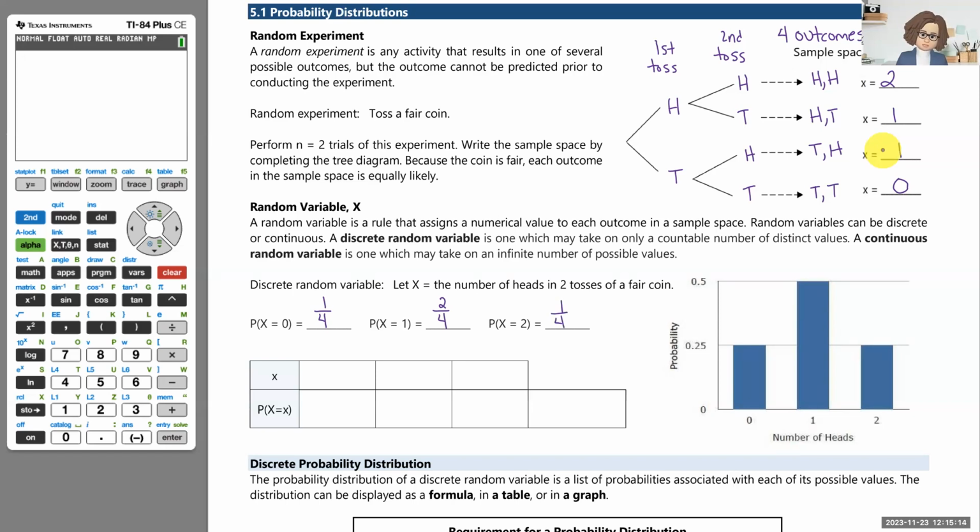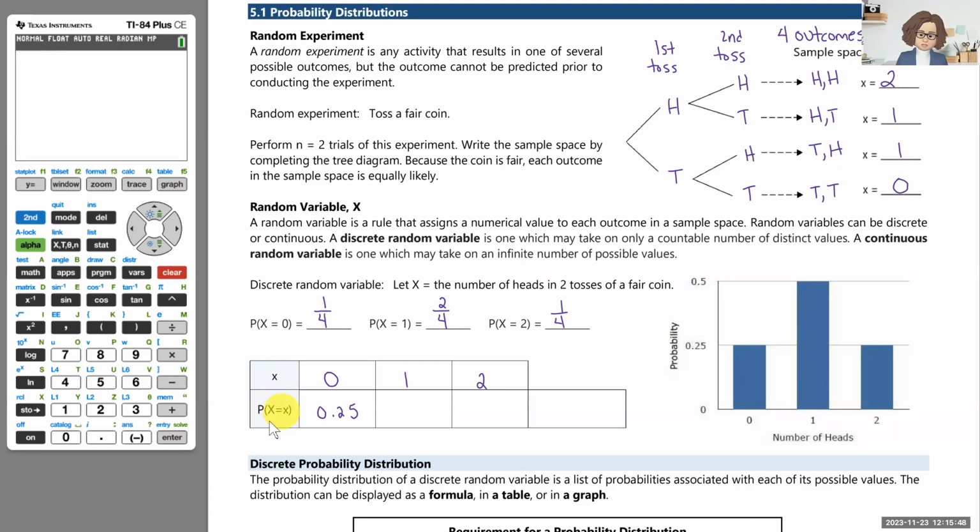Now that we have those probabilities, this table will be called a probability distribution. I'm going to list everything X could be. You might get 0 heads, you might get 1 head, or you could get 2 heads. And now we include the probability of each of those values of X. I'm going to switch to decimal here. The probability that X is 0, 1/4, would be 0.25.